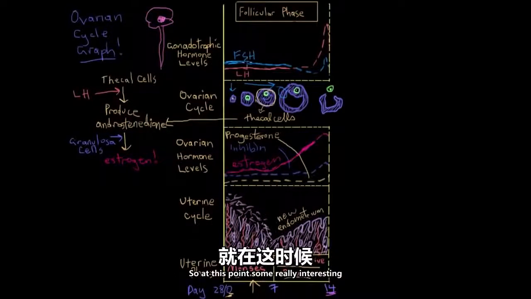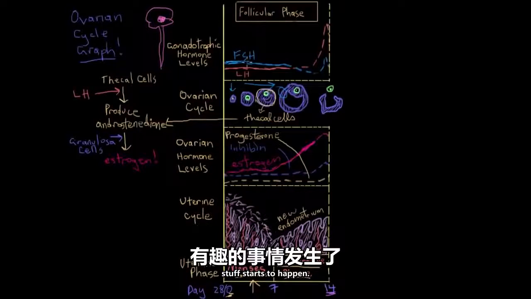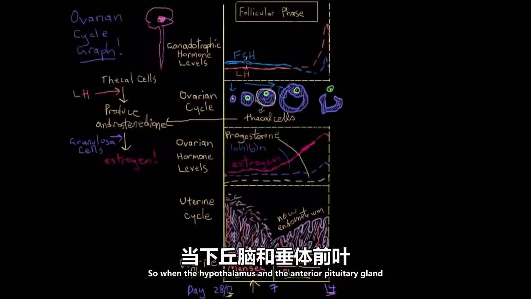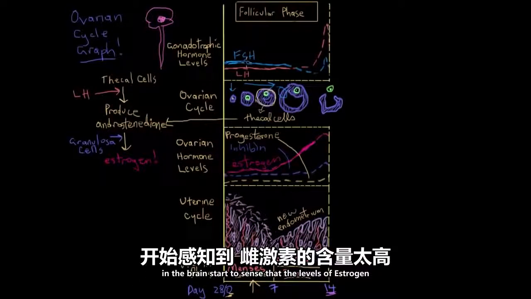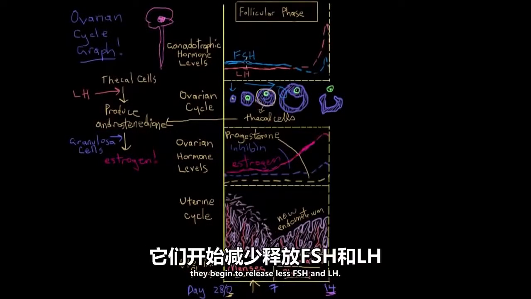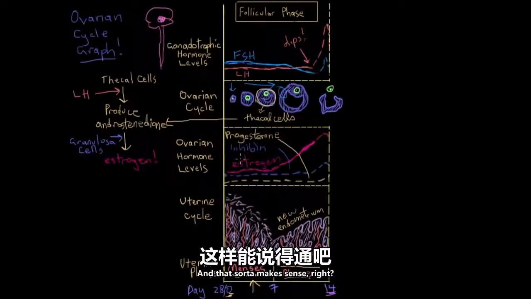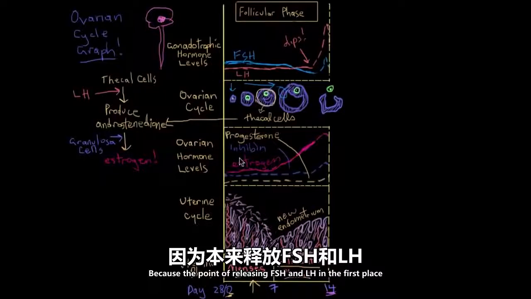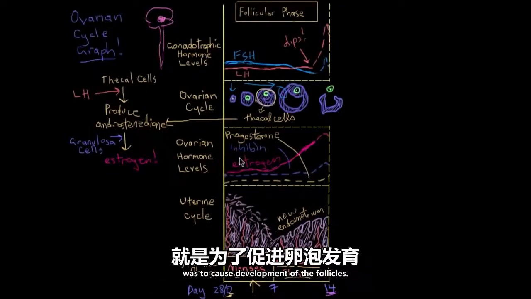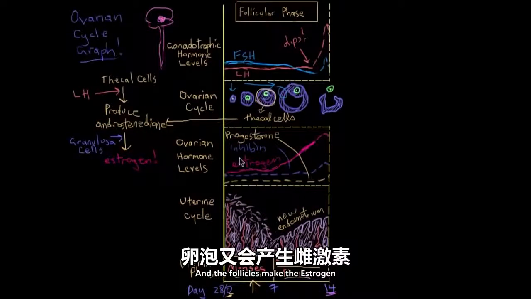So at this point, some really interesting stuff starts to happen. When the hypothalamus and the anterior pituitary gland in the brain start to sense that the levels of estrogen are super high like this, they begin to release less FSH and LH. And you can see them dipping here. And that sort of makes sense, right? Because the point of releasing FSH and LH in the first place was to cause development of the follicles, and the follicles make the estrogen.